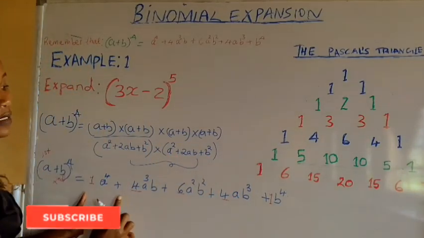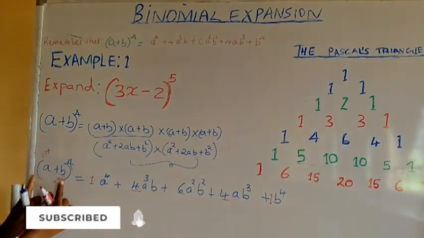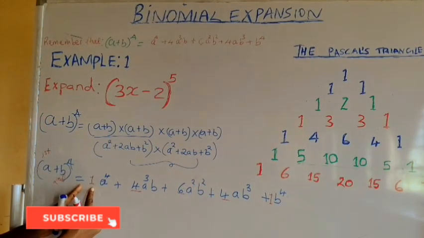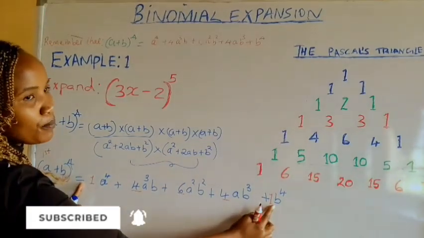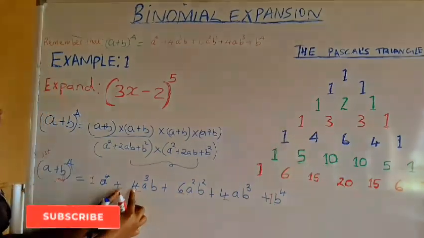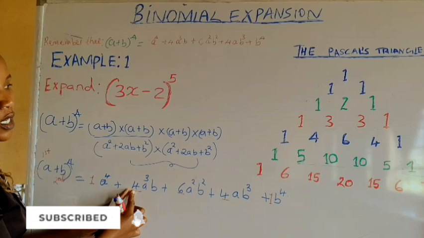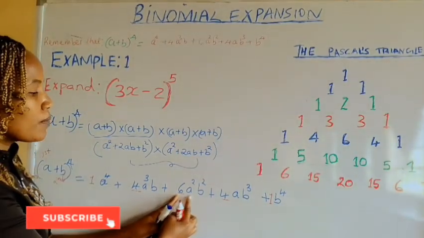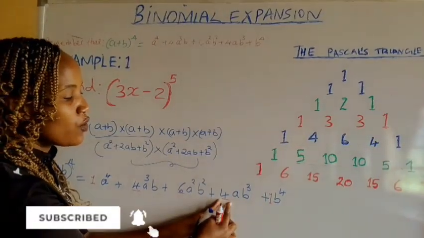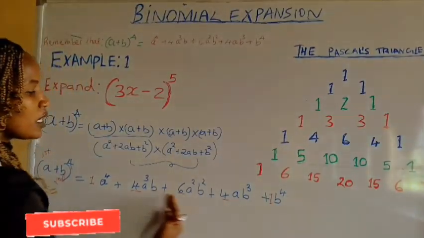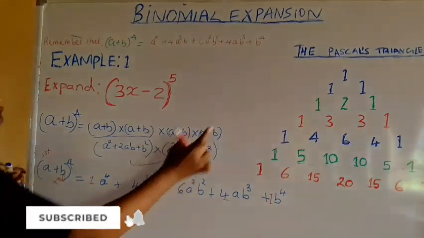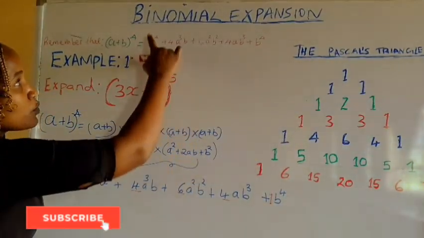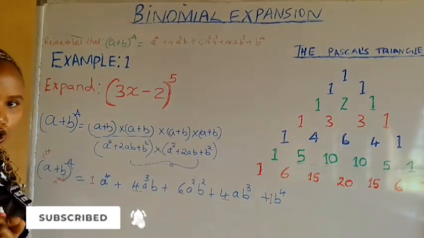It has been shown clearly in this expansion that coefficient 1 was implied here and also there. Coefficient 4 is on the second term, coefficient 6 is on the third term, and coefficient 4 is on the fourth term. And just like that, we realize that Pascal's triangle is very crucial when it comes to binomial expansion.